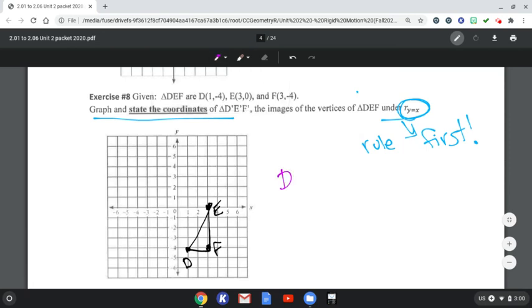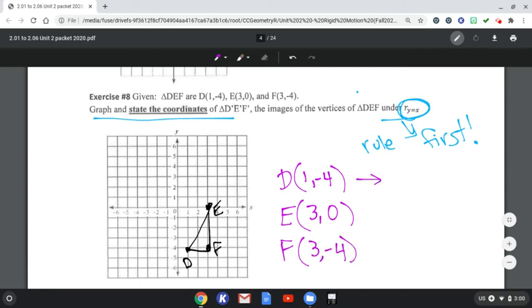So if we have points D, E, and F as given, 1, -4, 3, 0, 3, -4. When we apply the rule, we get the new ordered pairs, D prime. And your rule says to, again, switch x and y.